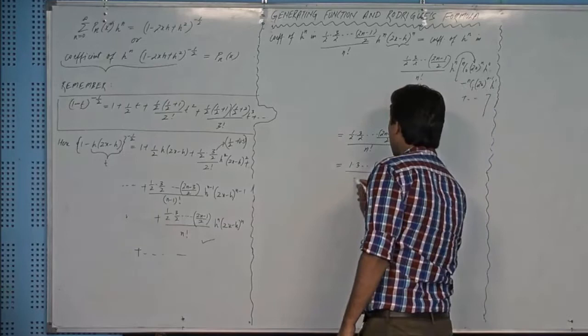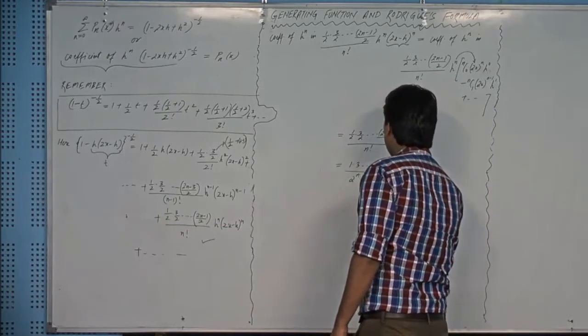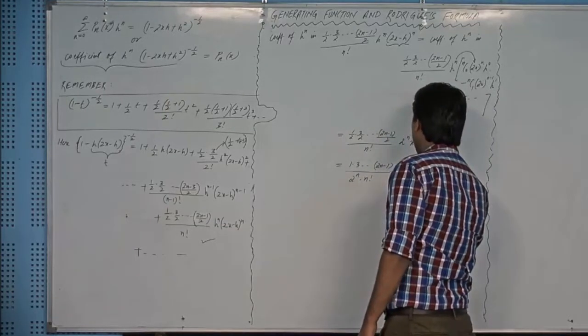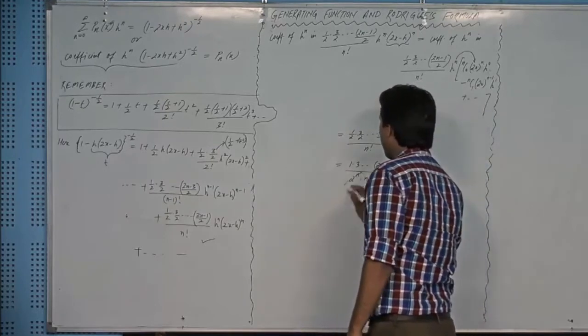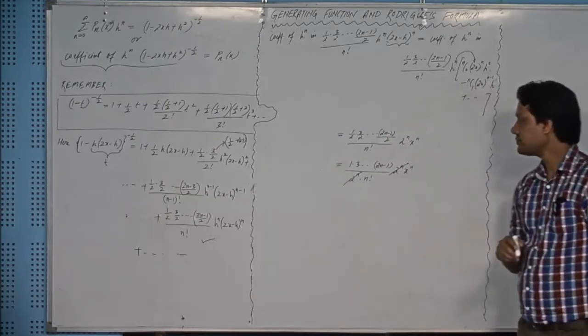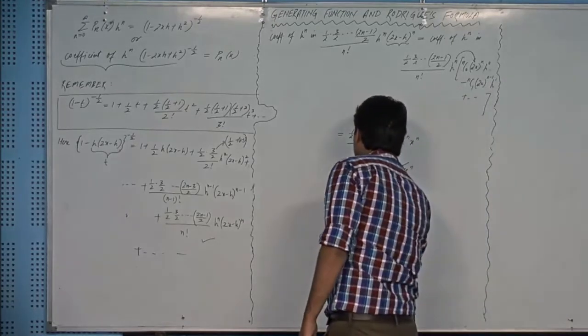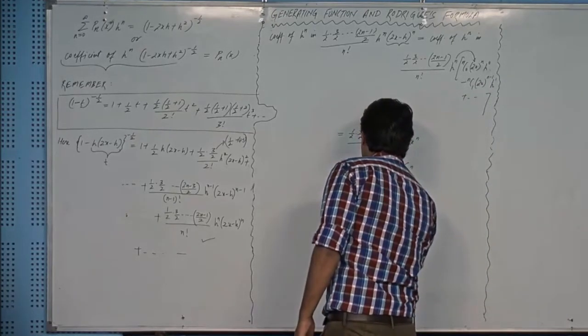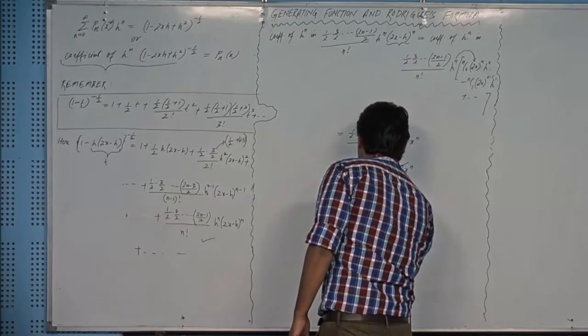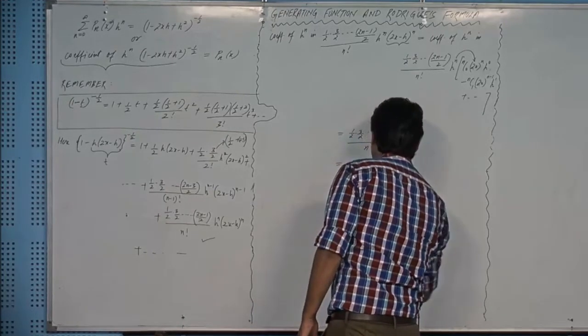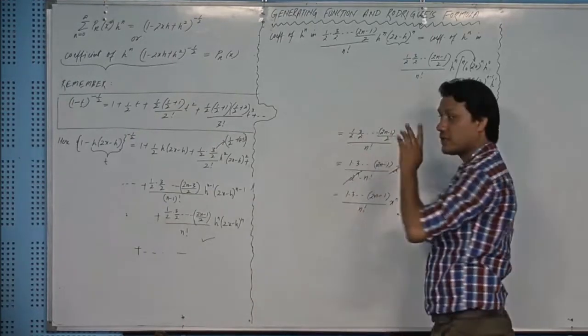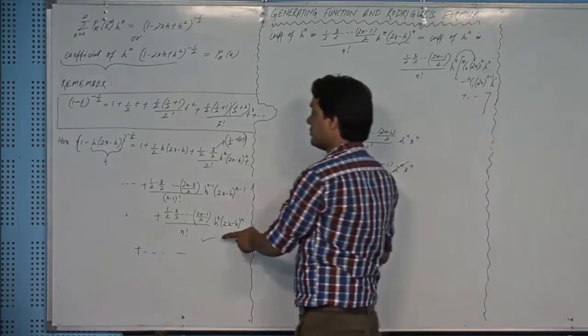So that will be 2 to the power n factorial, and 2 to the power n, x to the power n. This 2 to the power n will be cancelled out, and we are left with 1, 3 up to 2n minus 1 over n factorial x to the power n. This is the coefficient of h to the power n in one of the terms, right?